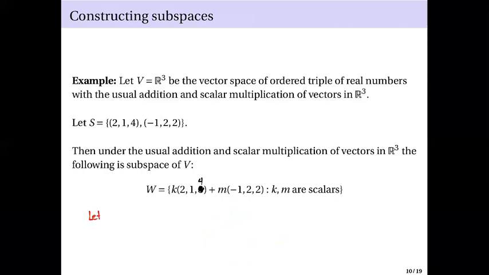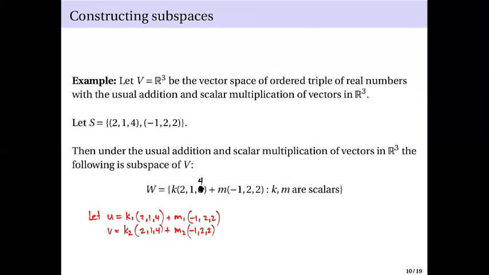Let u be equal to k1 times (2, 1, 4) plus m1 times (-1, 2, 2), and v equal to k2 times (2, 1, 4) plus m2 times (-1, 2, 2).